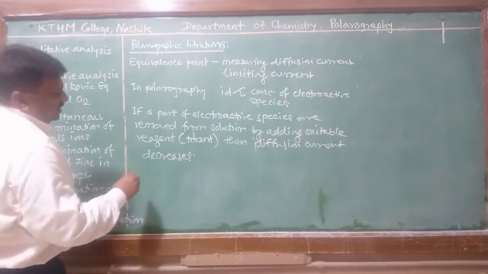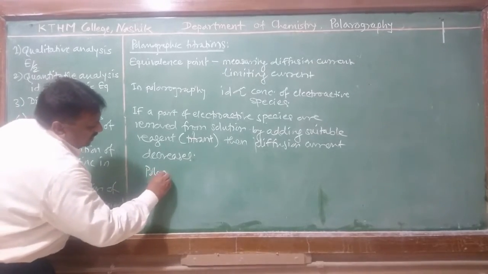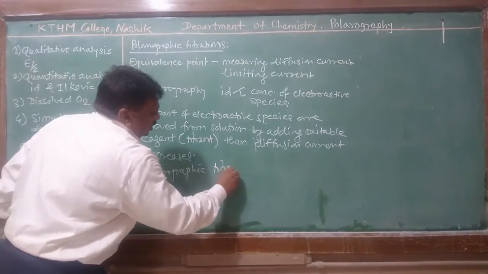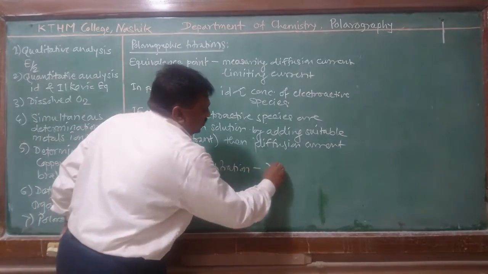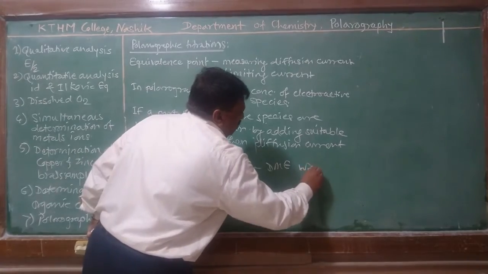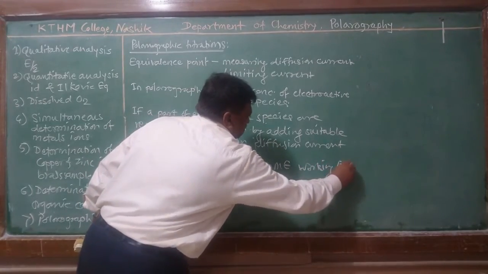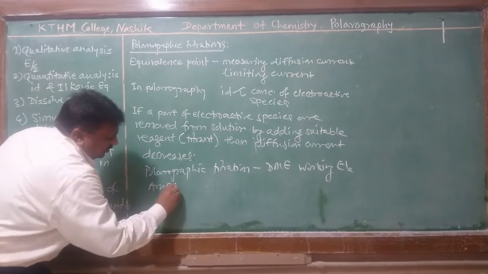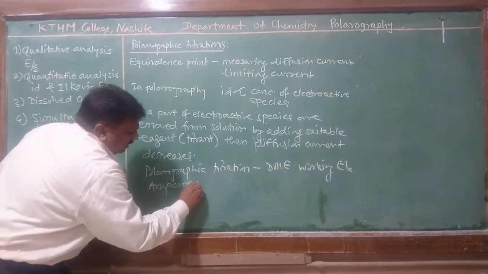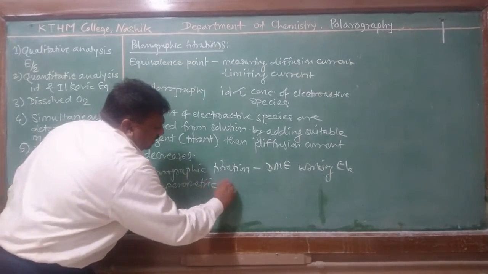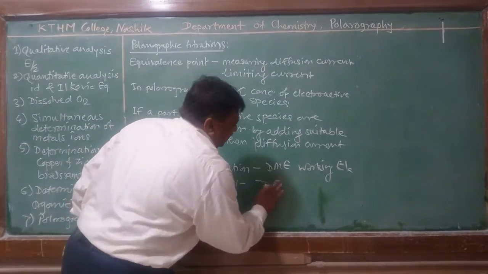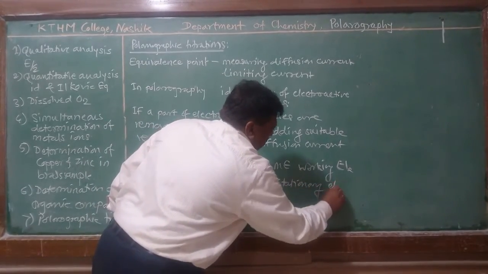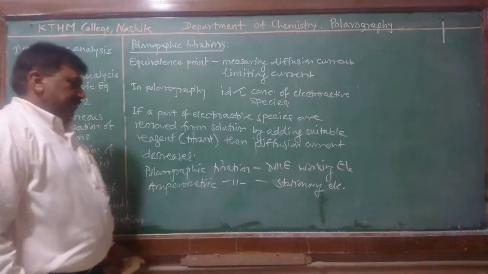Therefore, this titration is called a polarographic titration when a dropping mercury electrode is used as the working electrode, and similarly it is called an amperometric titration when a stationary electrode other than DME is used.